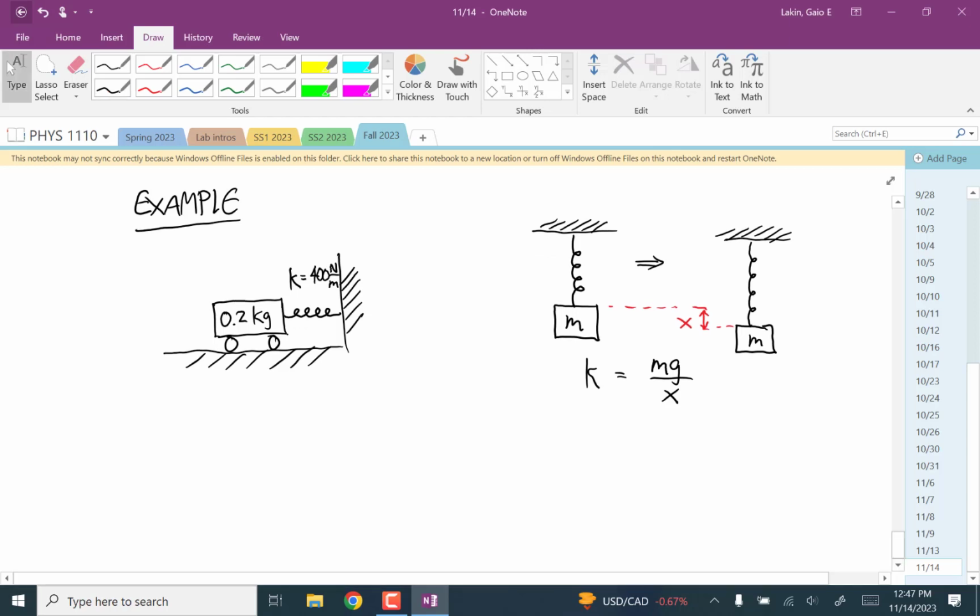And let's say that with this system over here, we pull the cart 0.01 meters to the left and release it from rest.